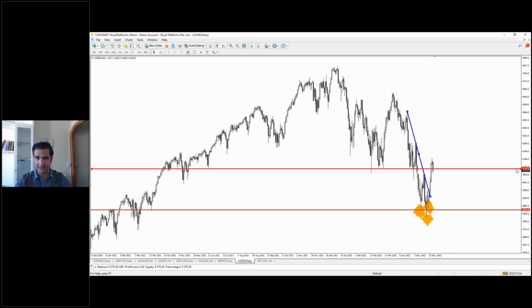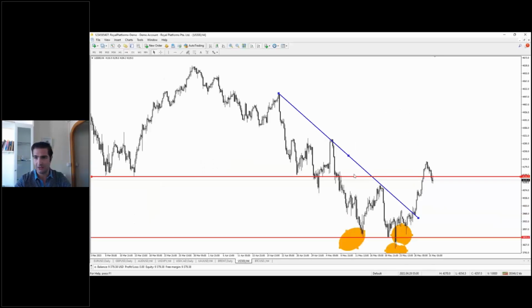Now the market is about to correct, and this is seen on the lower time frame. So on the lower time frame, we have a kind of correction now. This is the impulse, and then a correction to this area where the buyers might jump back in, and most probably we can see a continuation to the upside.